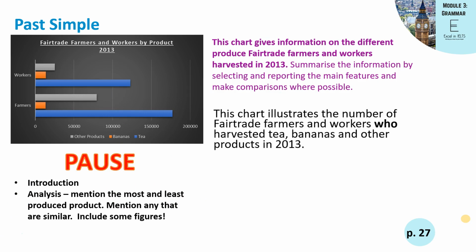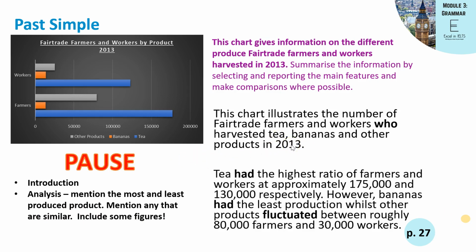So this chart illustrates the number of fair trade farmers and workers who harvested tea, bananas and other products in 2013. Tea had the highest ratio of farmers and workers at approximately 175,000 and 130,000 respectively.